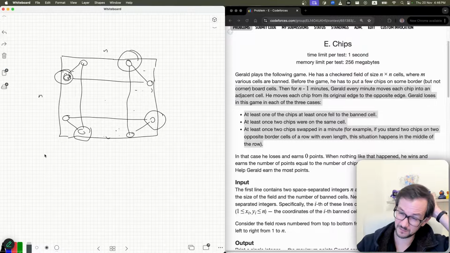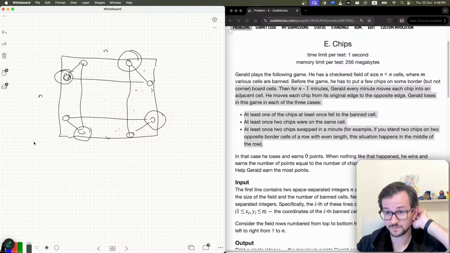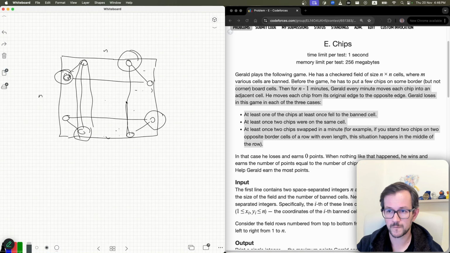Now if I pick these 4 chips, they actually cover both these columns and both these rows. So if these rows and columns are not bent, you can cover all of them with chips.